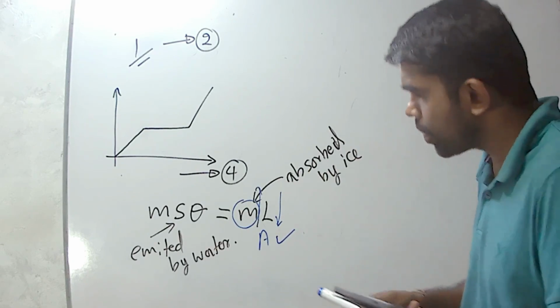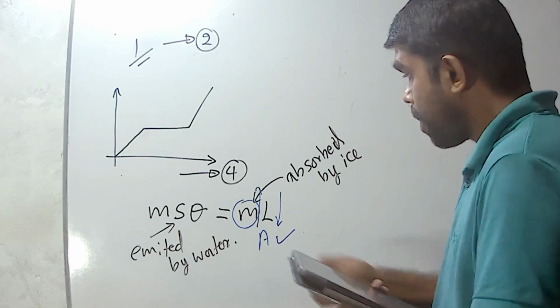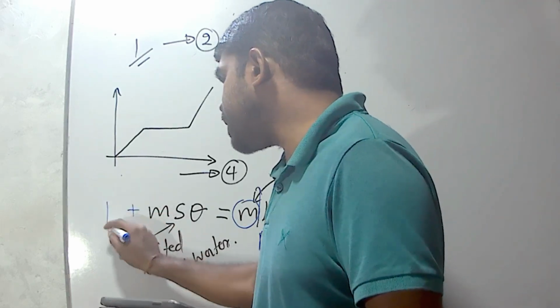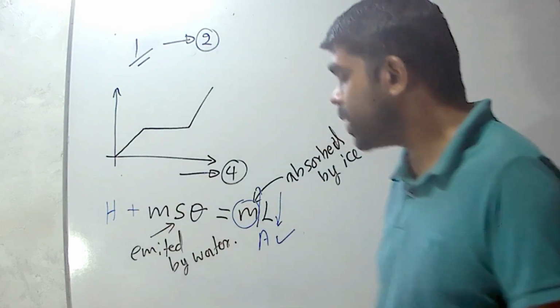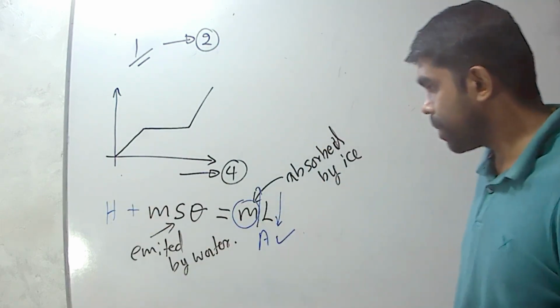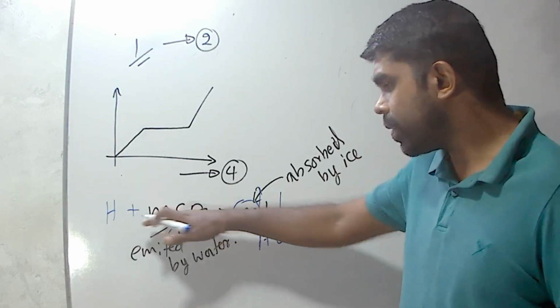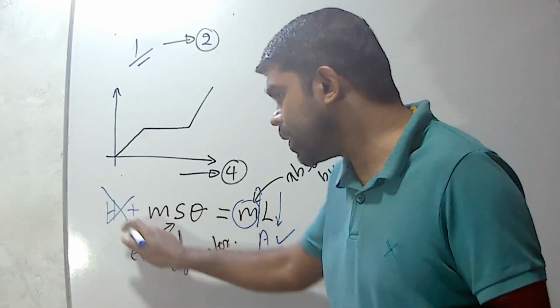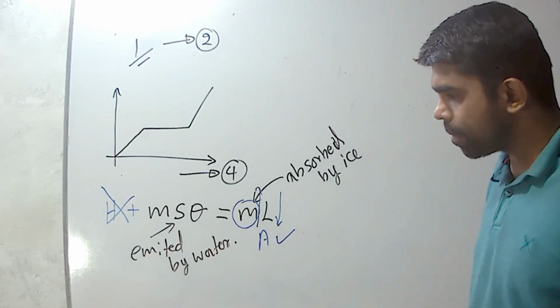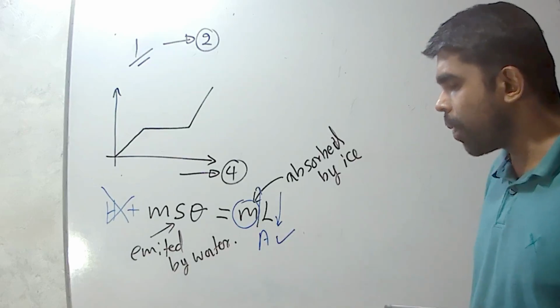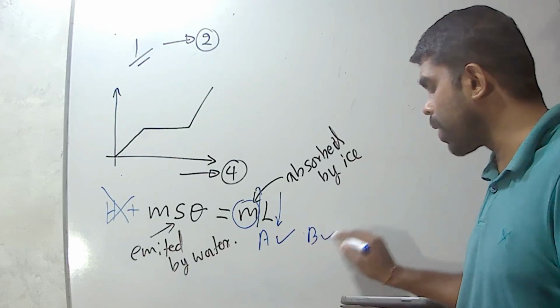Therefore, we have to add heat energy absorbed from the environment to the left hand side. But when calculating, we are using only this part. We are neglecting this heat energy. Therefore, the L value will be smaller than the actual value. Then it is also correct.